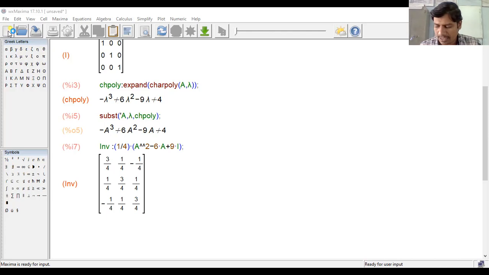What is the minus? 18A. Then star 18 star A, that is the 18A. Then plus 81I. Minus 81, sorry, that is the A square.